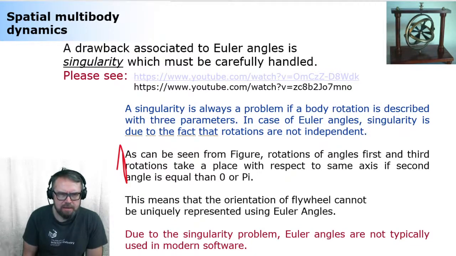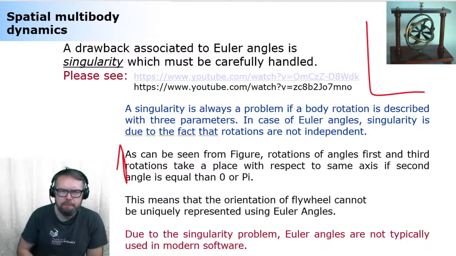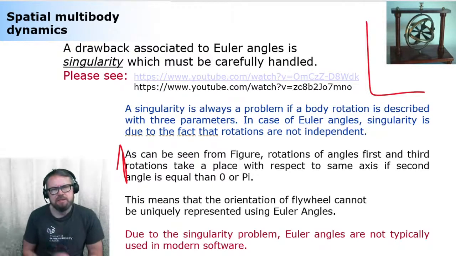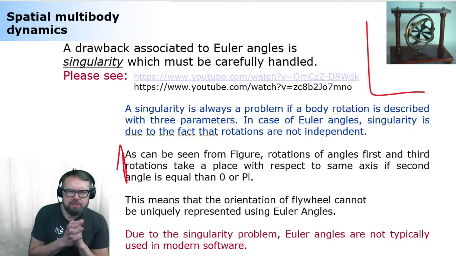It's not like this gyro shown here, in the upper right corner, is really locked in a way that it's no longer capable of moving. It doesn't mean that, but it means inability to describe the difference between 2 rotations or 2 angles.